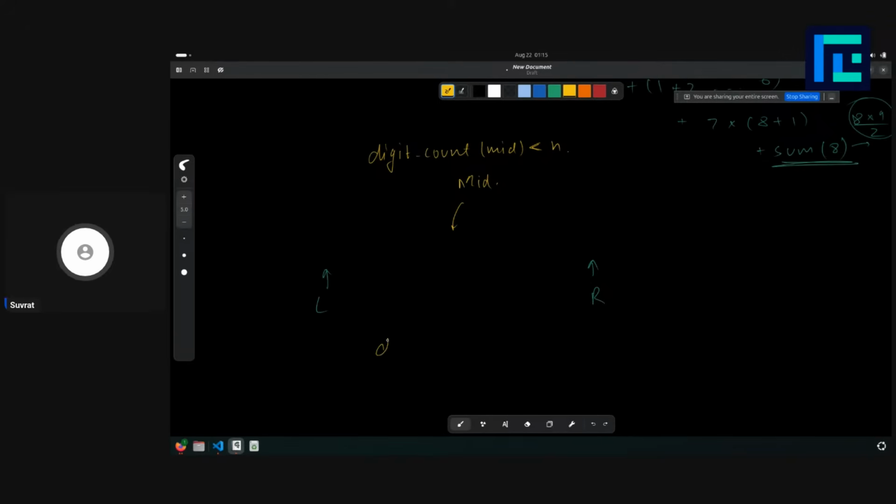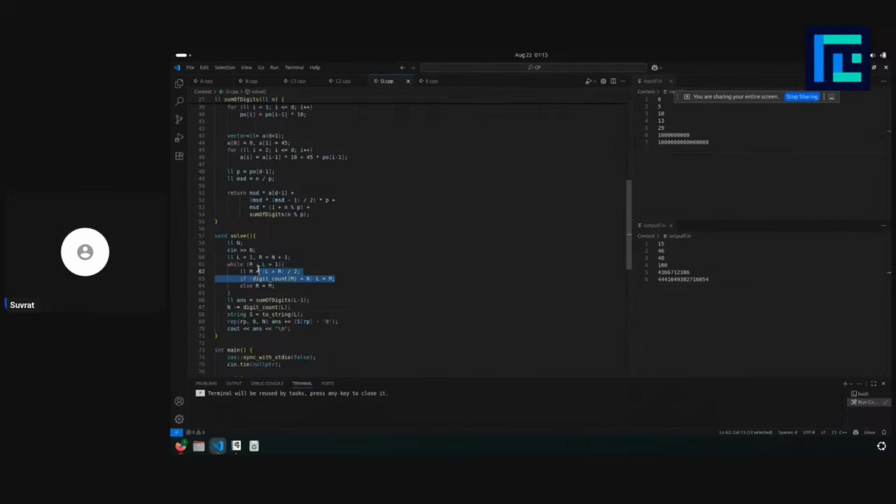Or if digit count till mid is greater than or equal to n, then in that case we set R as mid. So R is mid, and this would give us the value. L is basically the x till which n digits occur.